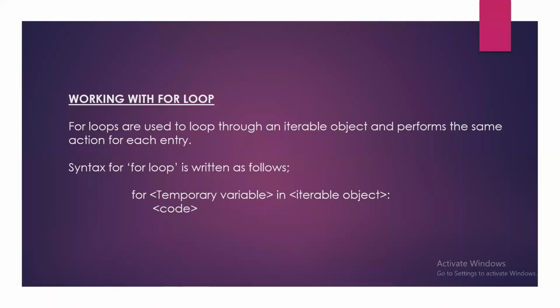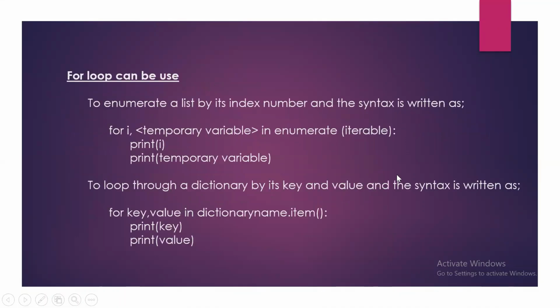Now, let's see some uses of for loops. For loops can be used to enumerate a list by its index number.